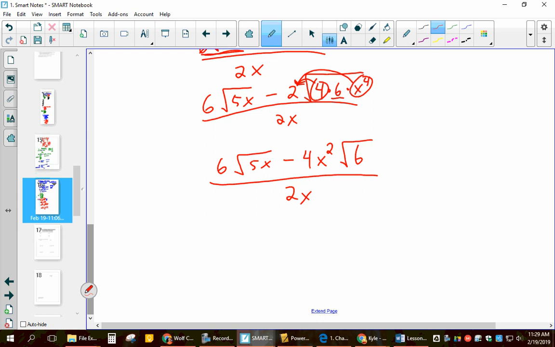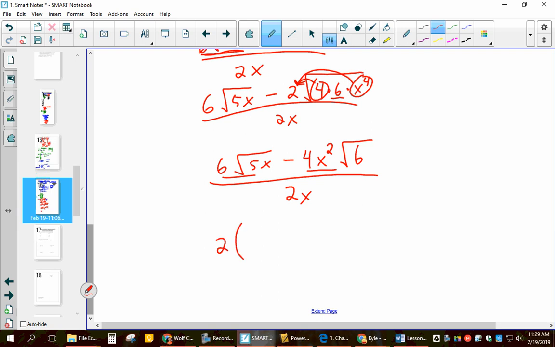The only other thing that we have to do here, especially for full marks, is factoring. Do you guys remember factoring? I can't really cancel anything in the bottom with anything in the top yet, the way it's written. But is there anything common to this term and to this term? 2. Yes, I can divide this by 2 and this by 2. That means I can factor out a 2.